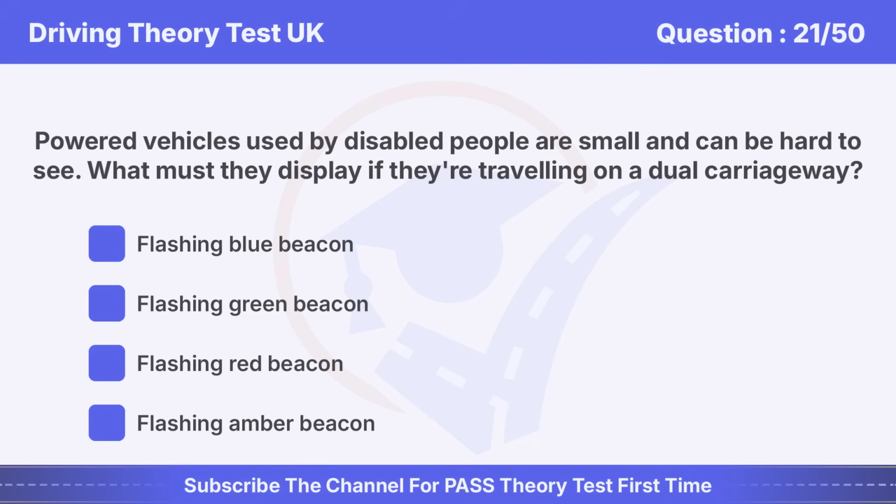Question 21. Powered vehicles used by disabled people are small and can be hard to see. What must they display if they're traveling on a dual carriageway? Answer is D. Flashing amber beacon.